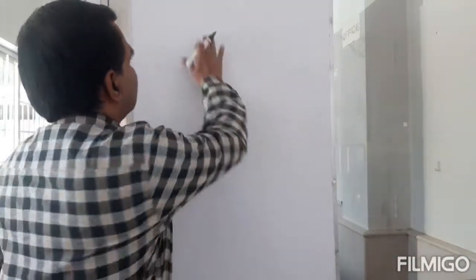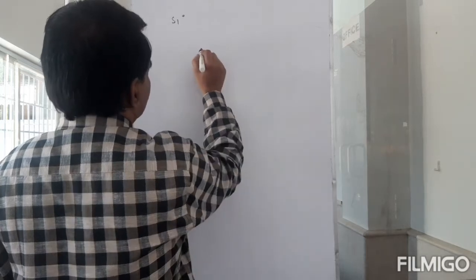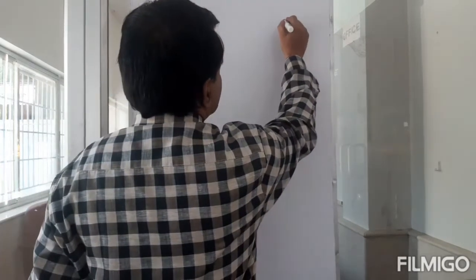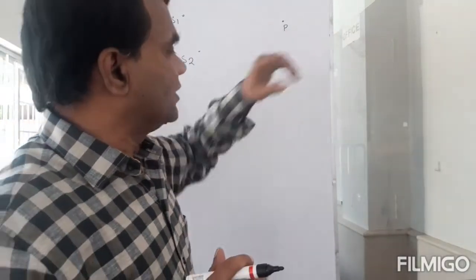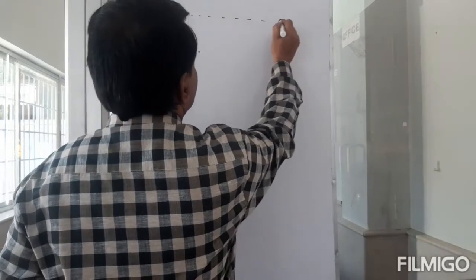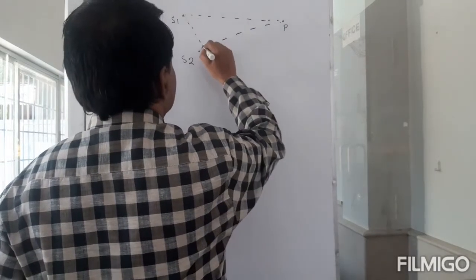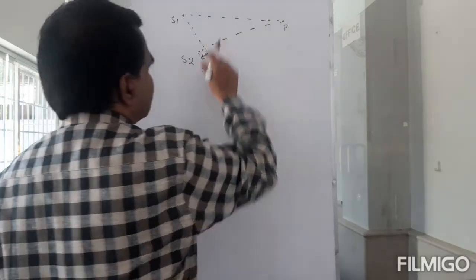So we even had an expression for that. We said, if this is S1, source 1, and this is S2, and then if we take a random point in space, say P, and we want to find out what the intensity of light at this point would be, then I need to worry about the phase difference between them. Basically that actually comes from the path difference.